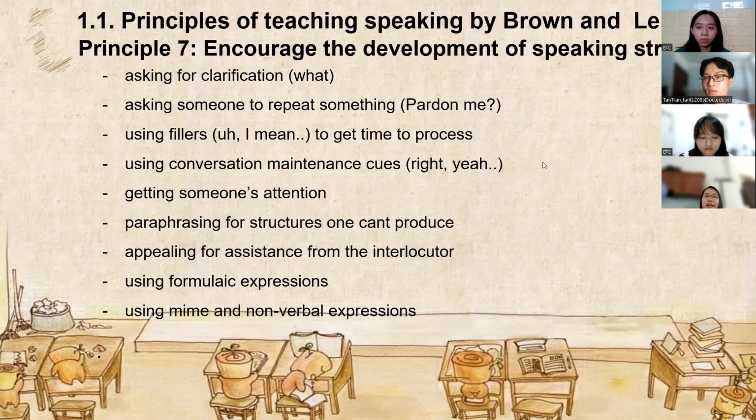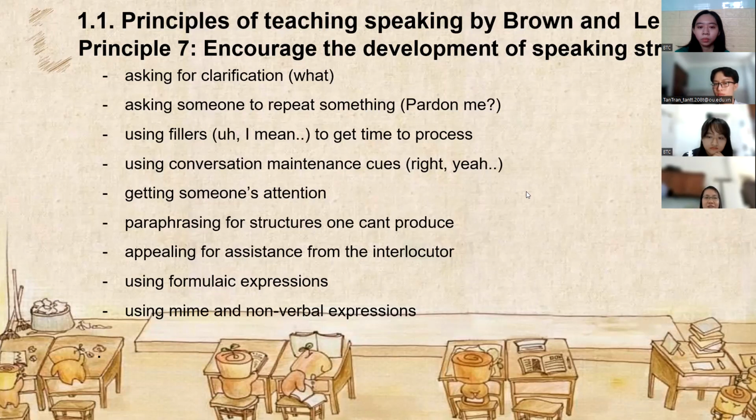Okay, next one, at a lower level, sometimes we can ask someone to repeat something. What kind of technique do we use? For example, pardon me. Sometimes using fillers, like I mean. If the students take part in a speaking test like IELTS and they lose the words for saying, they use fillers like I mean, I guess, to get time to process, or they can use conversation maintenance cues like right, yeah, okay, or ways to get someone's attention.